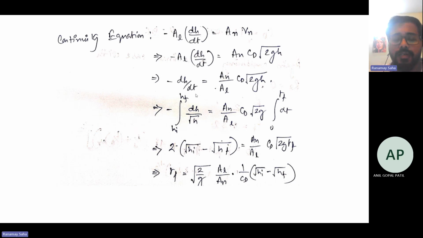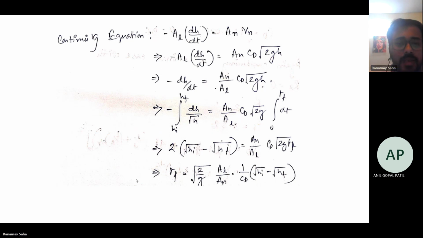Because it's a differential term, we simply integrate both sides, from initial height HI to final height HF here, and from 0 to final time tF here. Through simple integration, I find that the total time tF is AL by AN, times the square root of HI minus HF, over CD. Here HI is the initial height and HF the final height, divided by CD, right?